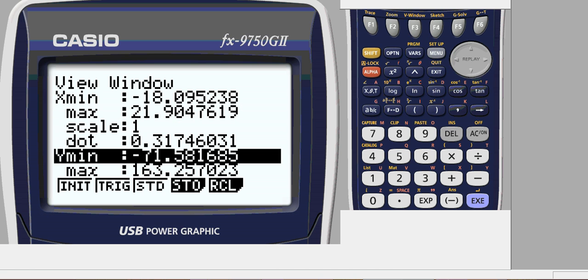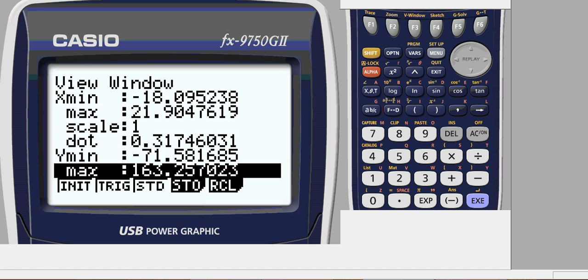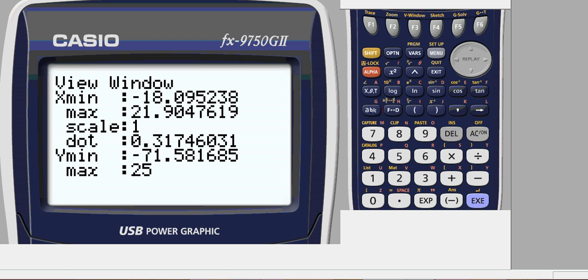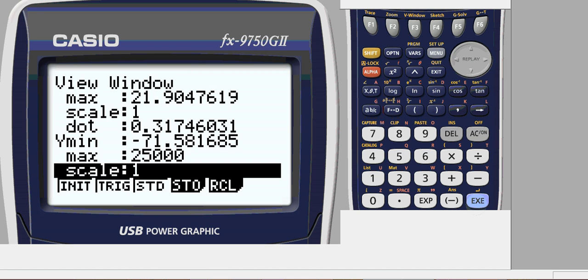25,000, those were our y values. So we know we want to see the x-axis, which is 0. So any negative number will be good there. We know that the maximum value that's mentioned there is 25,000 something. So we can type that in.